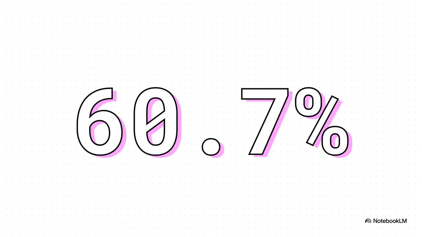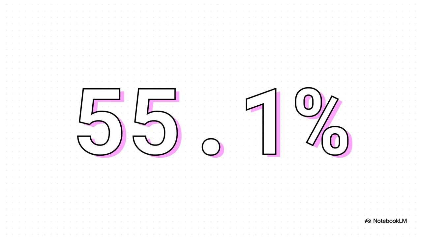So, the results? The group that had the saliency maps, the ones with the supposed explanation, they were able to correctly predict the AI's decision about 61% of the time. I mean, that's better than a coin flip, but it's not exactly a game changer. But here's the real kicker. What about the group with no maps at all? They were correct 55% of the time.